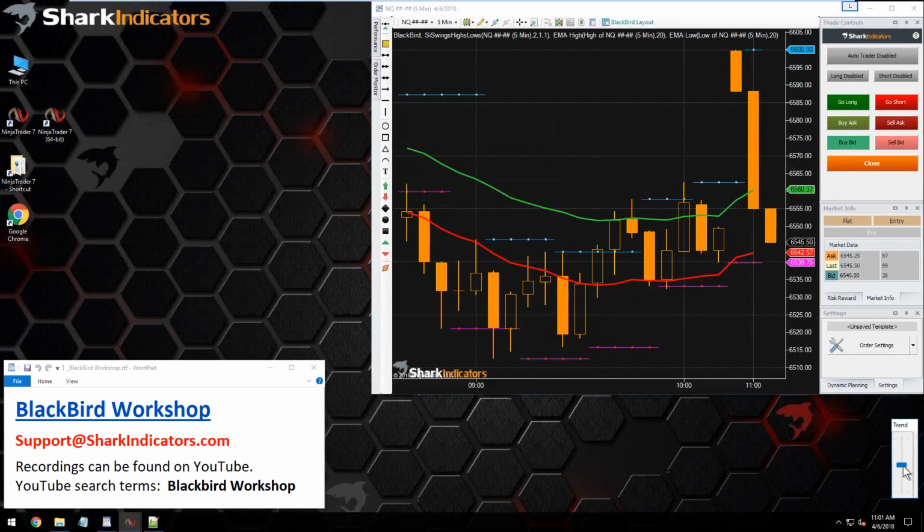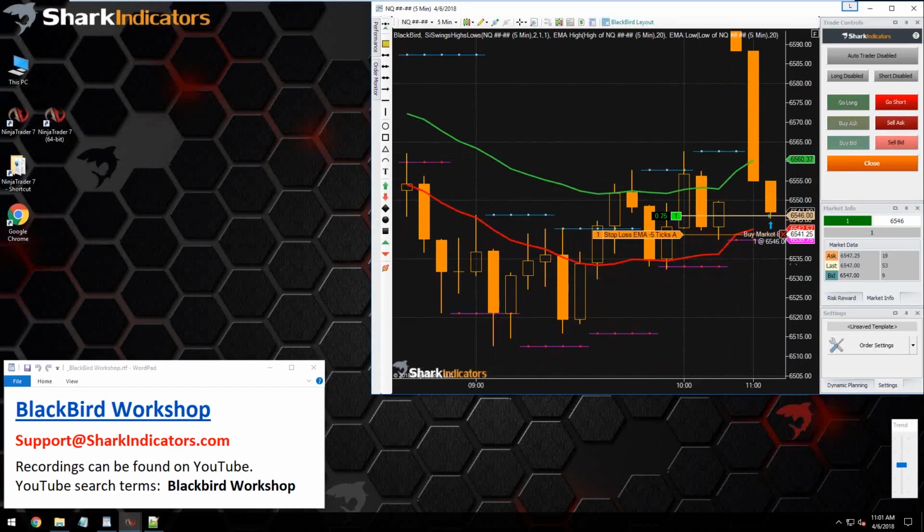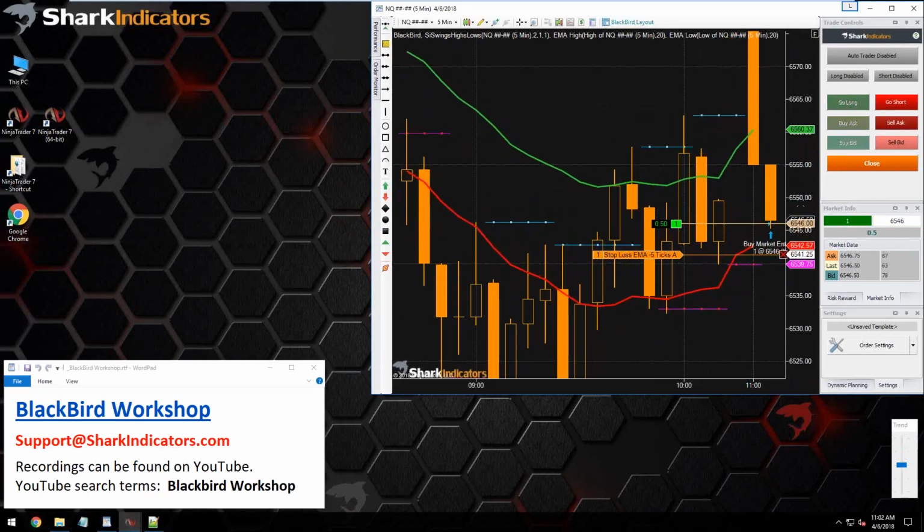That should do it. We're using a 5-minute chart here, so it's kind of hard to test a couple of bars, but let's just go long. And there we go. We can see our stop loss is a couple of ticks below the EMA there.